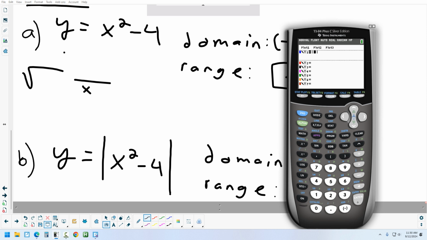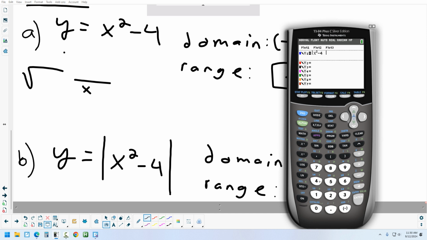There's no button you can directly press to get those symbols. I don't think it's listed anywhere. How'd you get that? Math, and then press the right arrow and go to number. And the first option will say ABS, which is absolute value. Right. Yep.